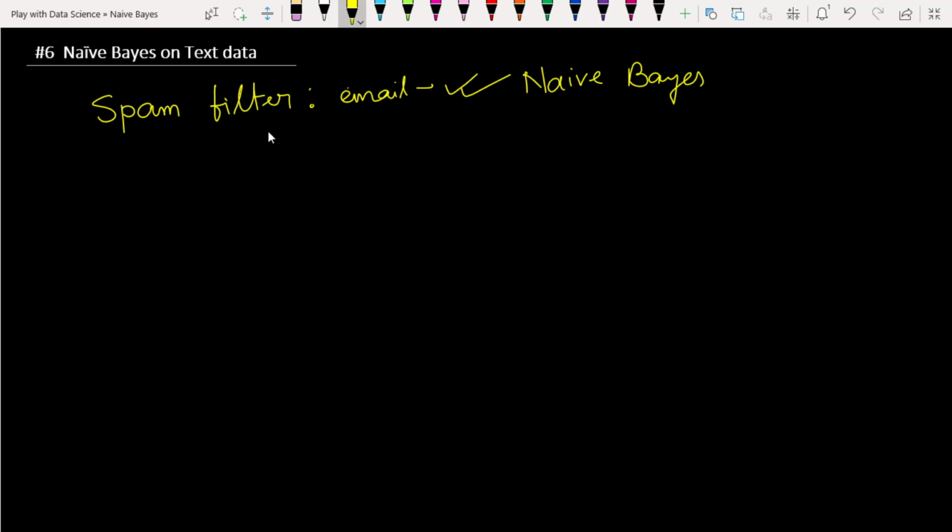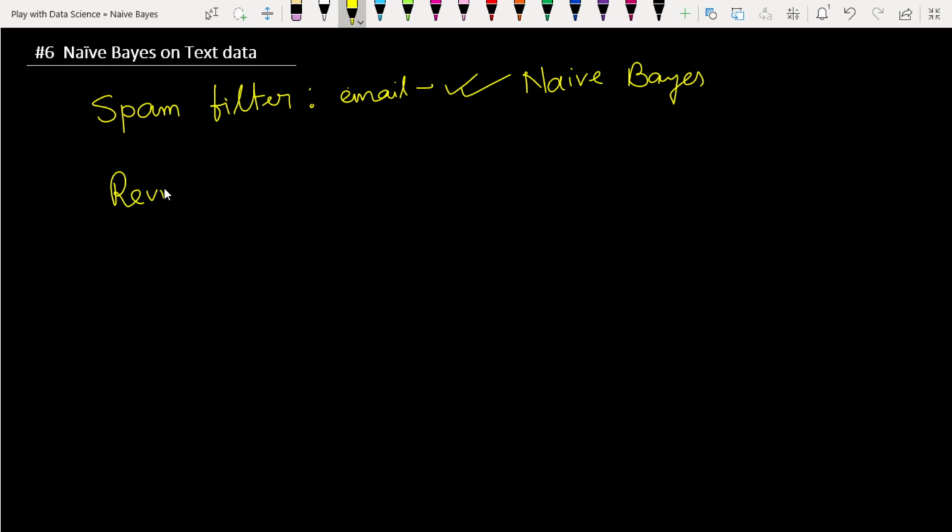It is mainly used for spam classifiers, or simply if you want to classify text reviews. If you see any e-commerce website, in the product section you have already seen positive reviews, and some comments are negative reviews. So how to classify this kind of thing?